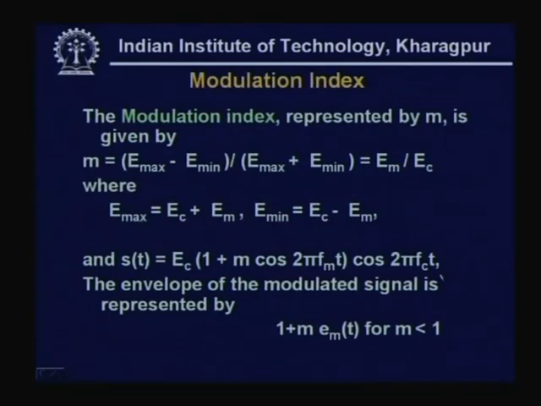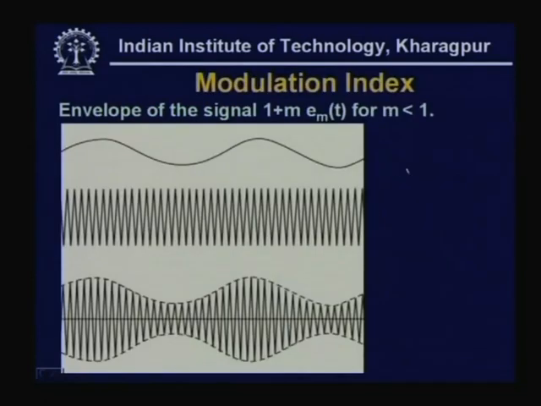And there is an important parameter called modulation index, which is represented by m. m is given by (E_max − E_min)/(E_max + E_min). If you look at this diagram, here you see this is your E_min and this is your E_max of the modulated signal.